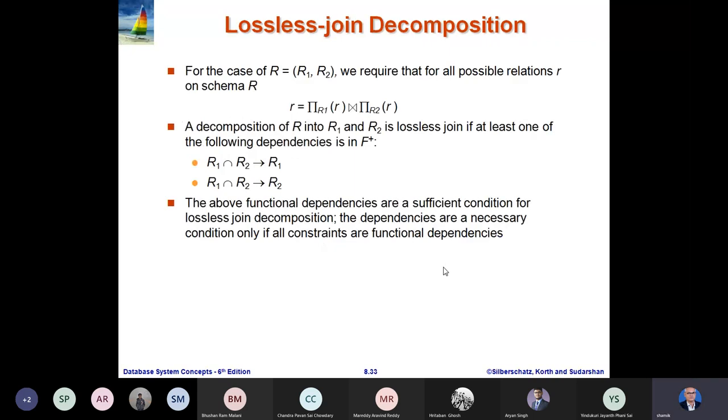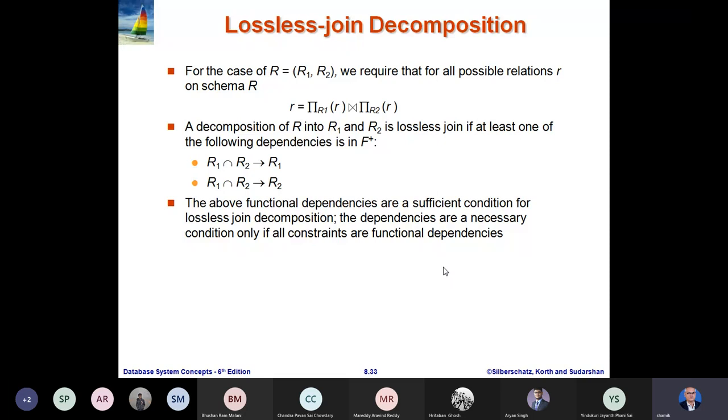Now, if we go back and take a look at lossless join decomposition, we said that if we do a lossless join decomposition, then from the decomposed schema, if we do a natural join, we should get back the original set of tuples in the combined relation.